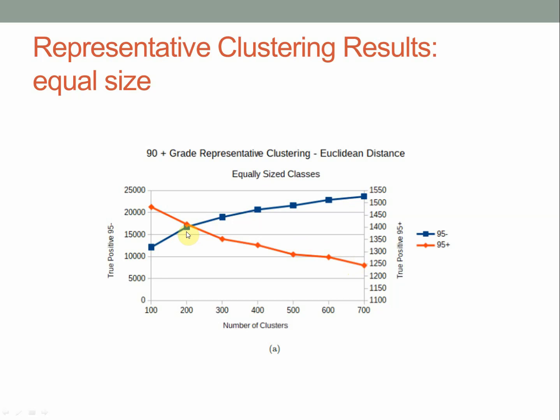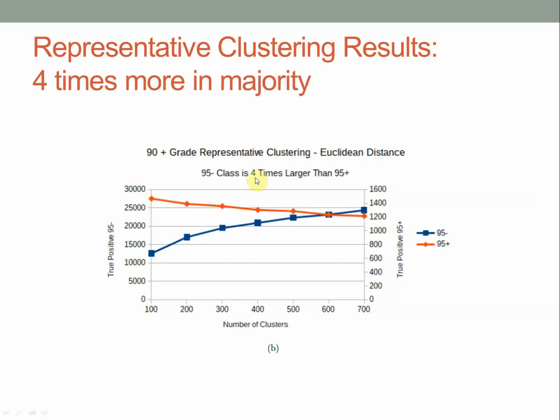And therefore, depending on your emphasis, if you really want to find those outstanding ones, this is a good point. And of course, if you don't care about those mistakes, this is able to give you the best results for the 95 plus ones. When it comes to 4 times larger, that means we have 4 times more 95 minus ones compared with 95 plus ones.